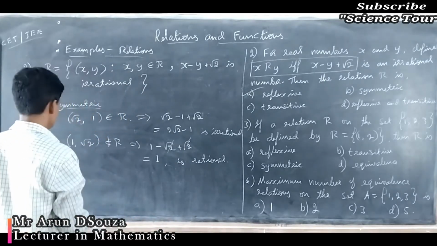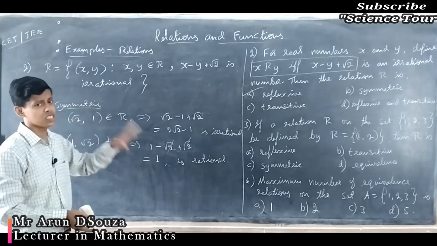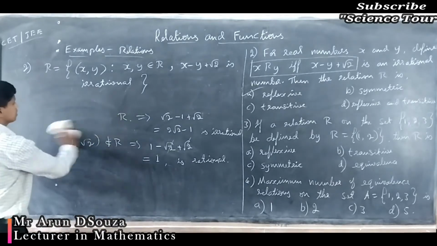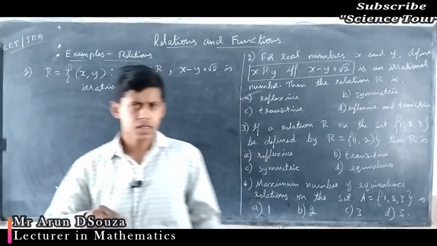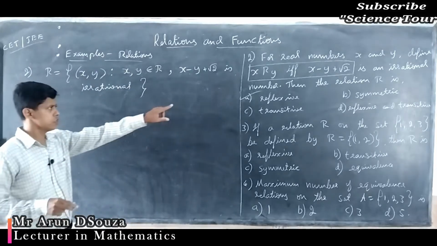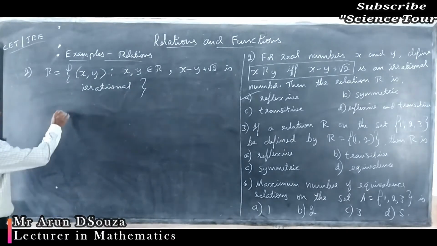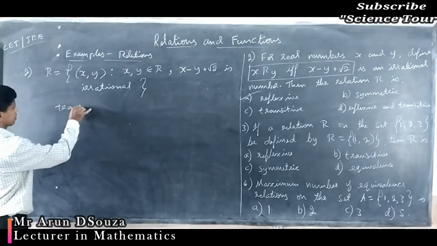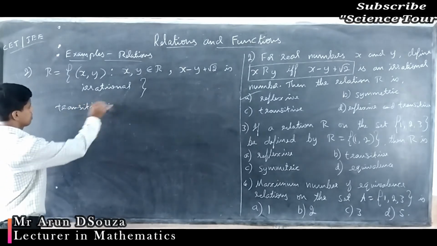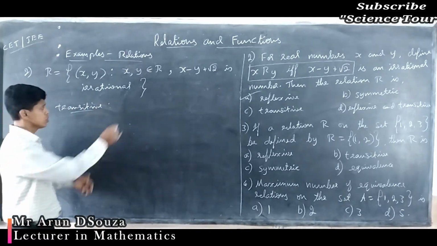Well, let's continue. So what we understood, this is not symmetric. Now what about transitive? So let's check the transitive part here. You must have two things.